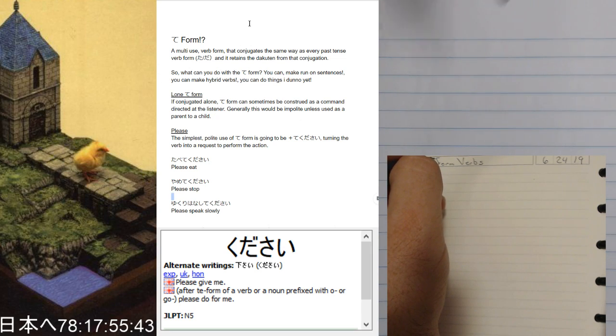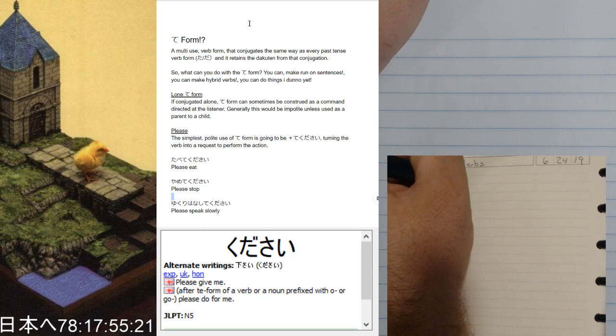So, te form. We were talking about this yesterday, and te form is conjugated the same way that you conjugate the dictionary ta form, or the past dictionary non-polite past tense form.